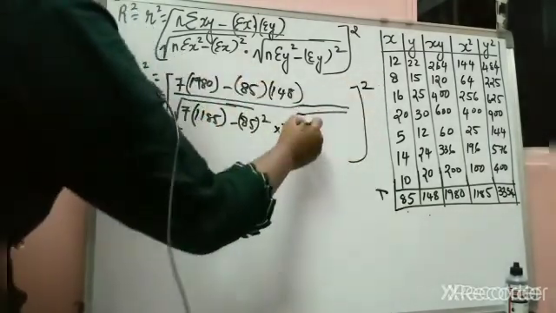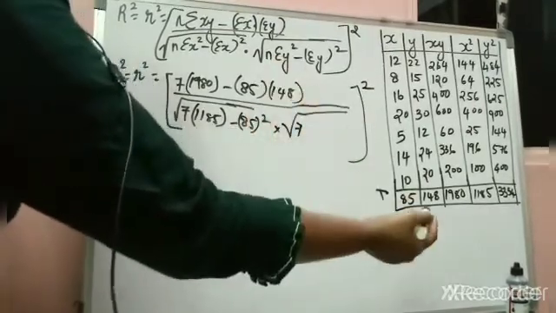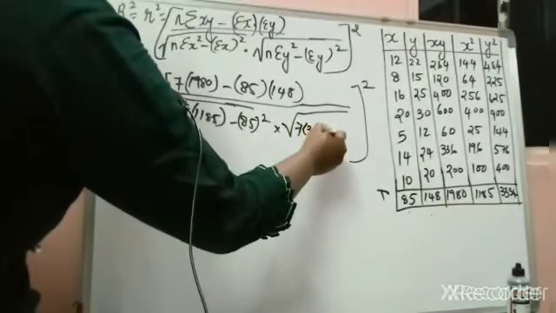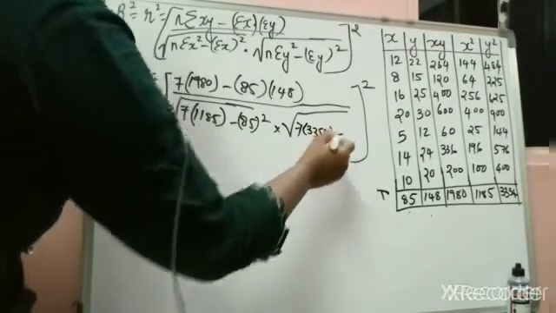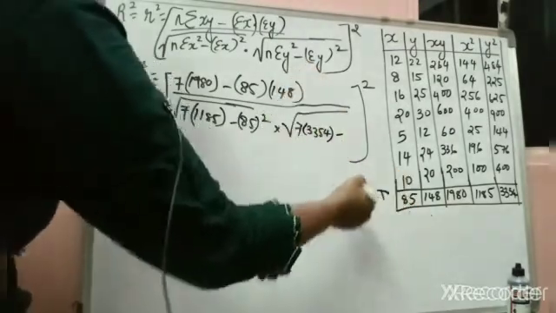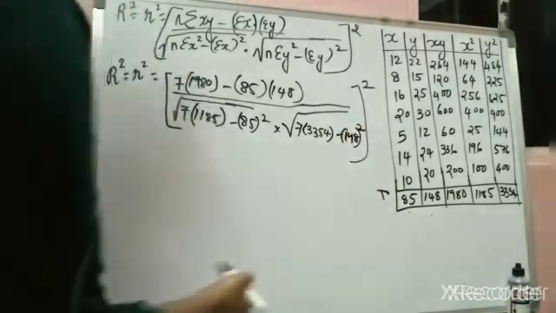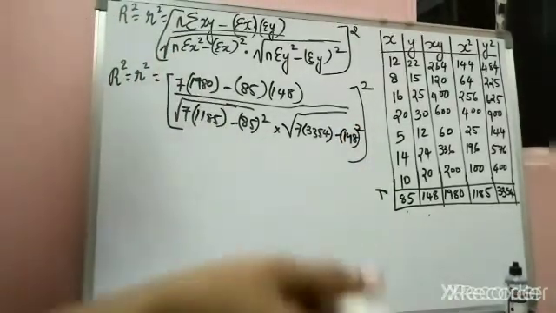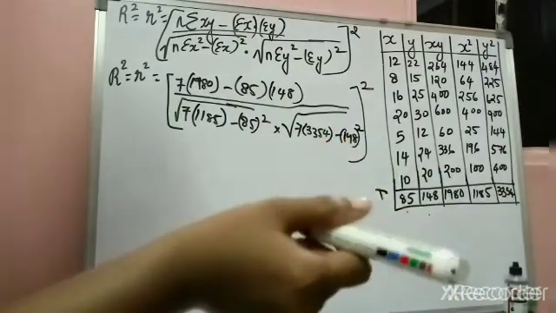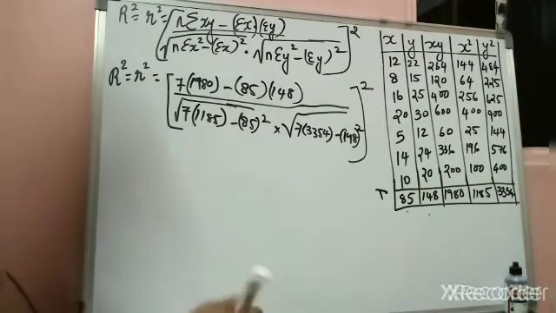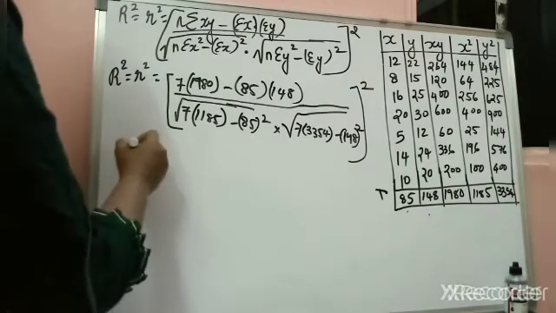So again n 7, then sigma y square is 3354 minus sigma y the whole square, that is 148 the whole square. Clear? Now you can just calculate in your calculators. So I am writing the final answer after everything, multiplication and all.